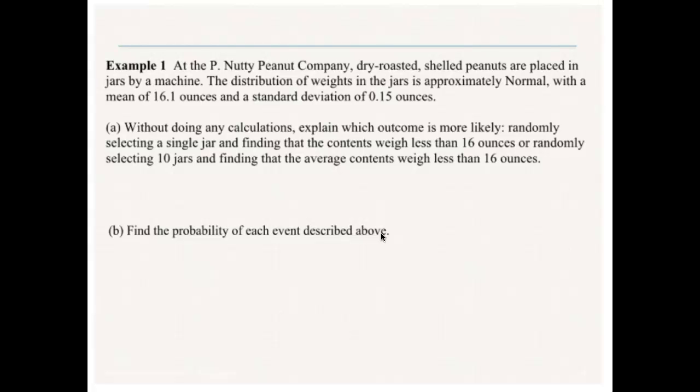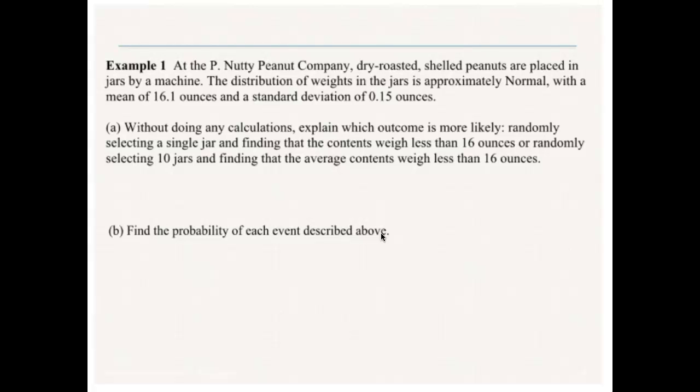Randomly selecting a jar and finding that its contents weigh less than 16 ounces, or randomly selecting 10 jars and finding that the average contents weigh less than 16 ounces. So do you think it's more likely that we select a single jar and find that its contents weigh less than 16 ounces, or 10 jars and find that the average weighs less than 16 ounces?